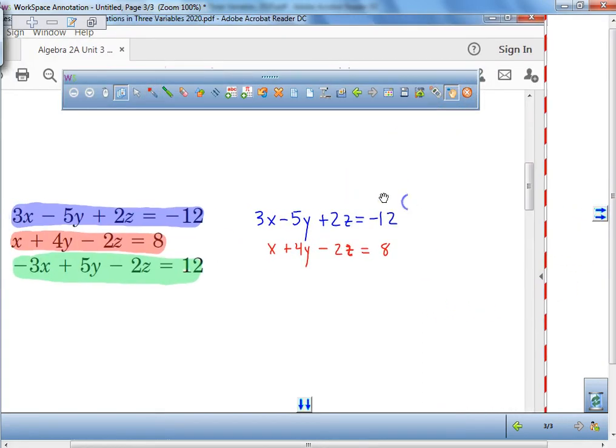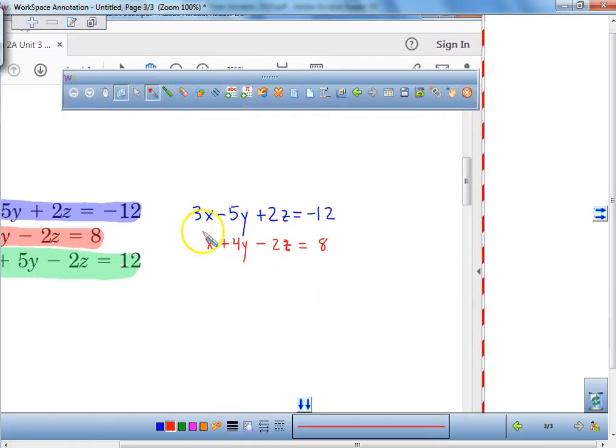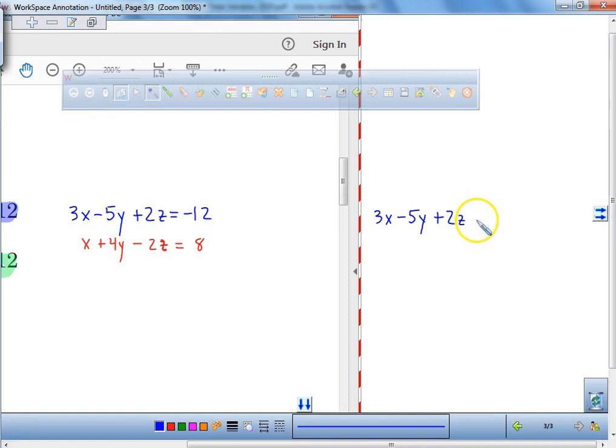Then I'd like you to take the first equation and put it over the third equation. So we're doing first over second, and first over third. I'm going to move over a little bit to the right so we can take a look at it. The first equation is 3x minus 5y plus 2z equals negative 12.